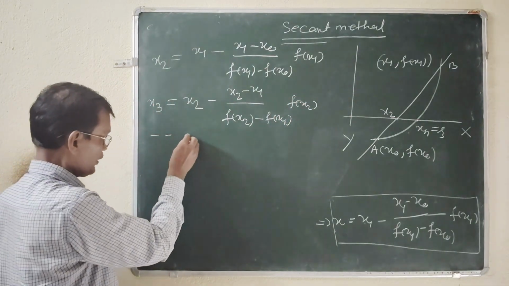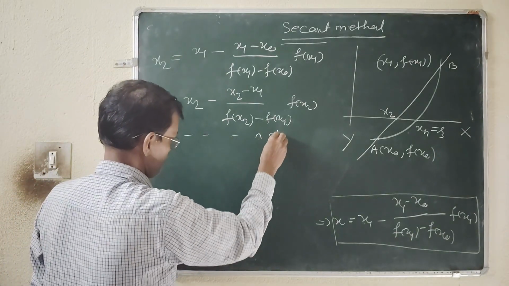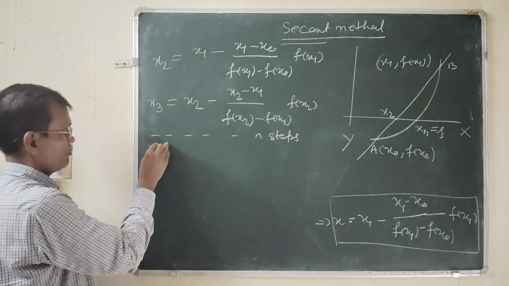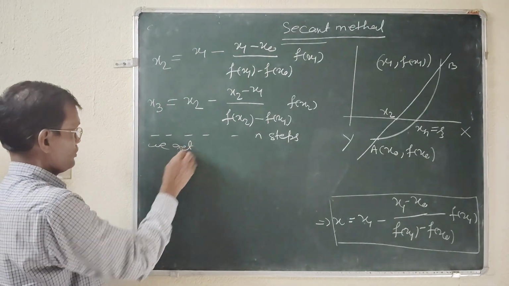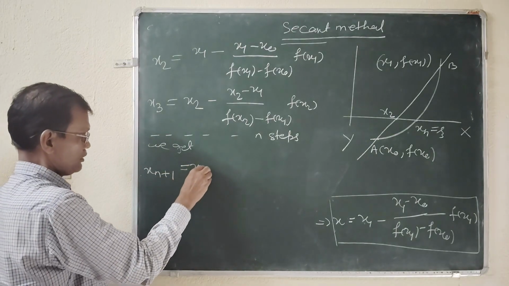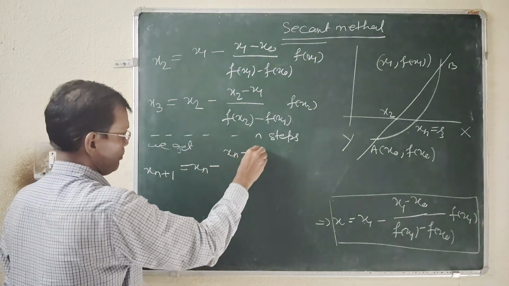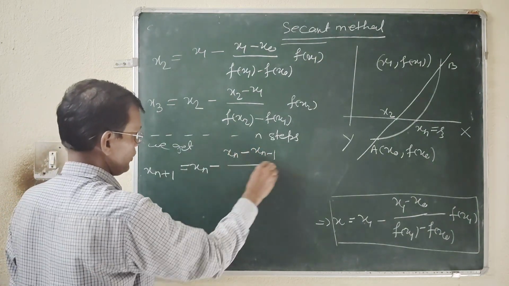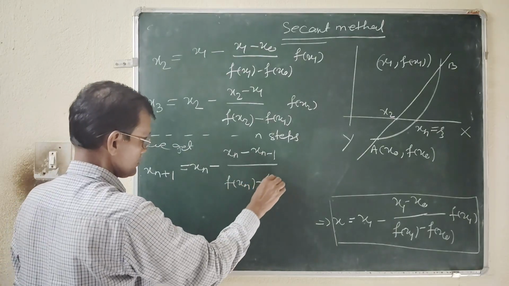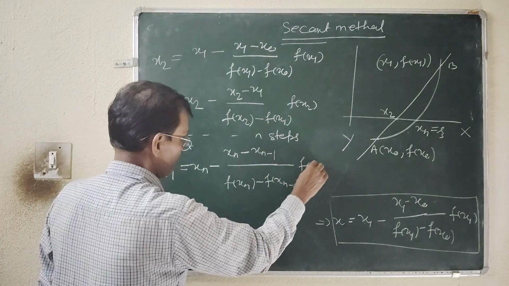Proceeding in a similar way for n steps, we get x(n+1) is equal to xn minus (xn minus x(n-1)) by (f(xn) minus f(x(n-1))) into f(xn).